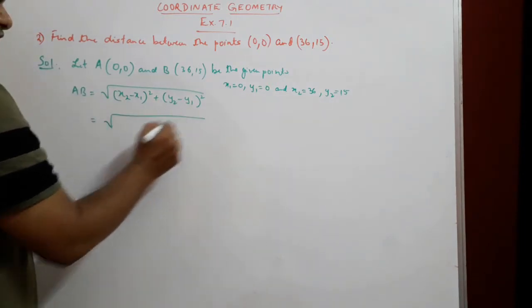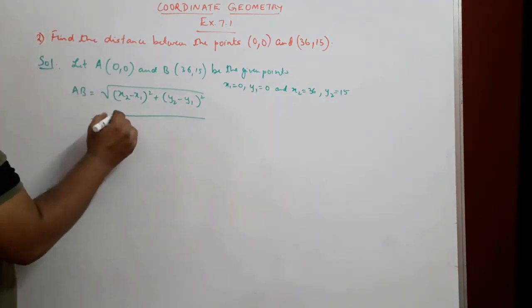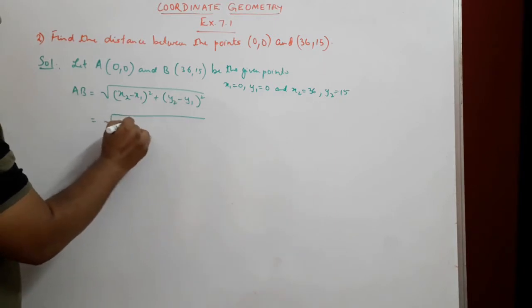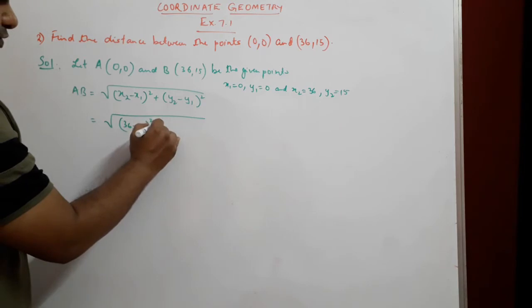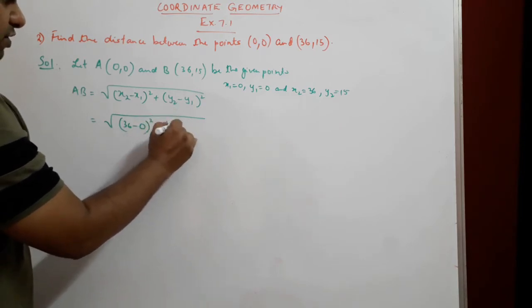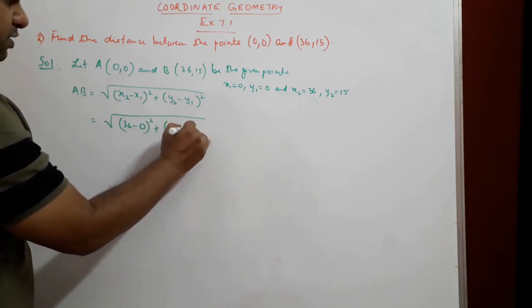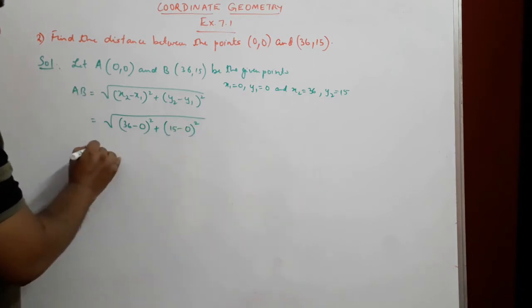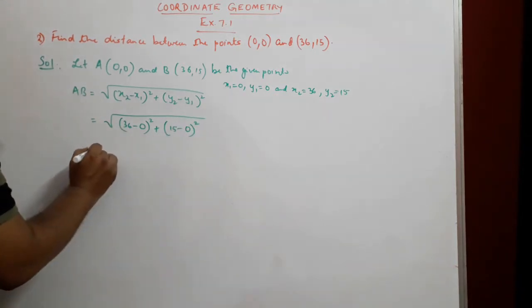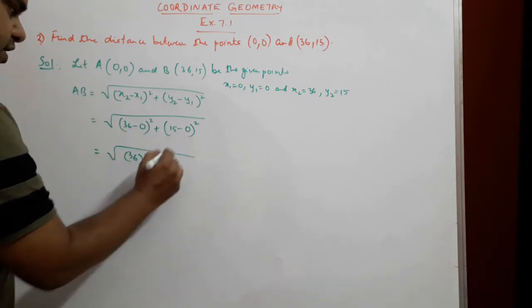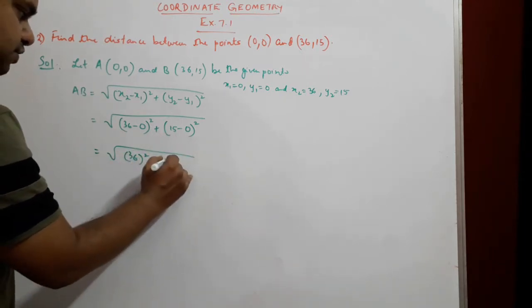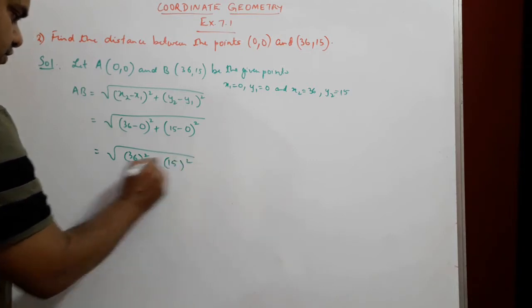So substituting the values in this distance formula: x2 is 36, x1 is 0, whole thing raised to square, plus y2 is 15 and y1 is 0, whole thing raised to square. So 36 minus 0 gives us 36 whole square and 15 minus 0 gives us 15 whole square.